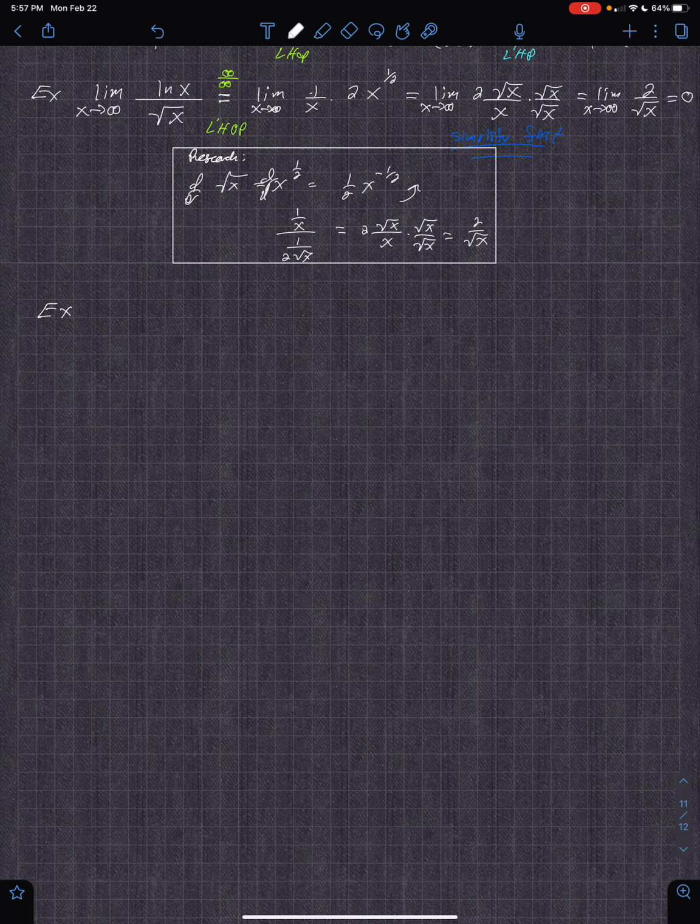This is really cool. So we're going to look at the limit as x approaches infinity of 1 plus 1 over x all raised to the x. Okay. We want to evaluate that limit.